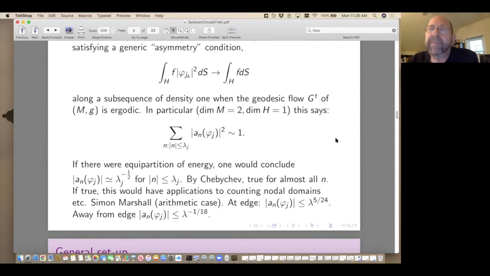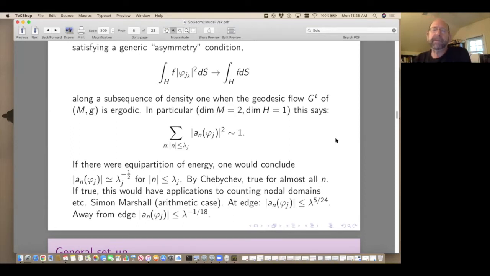And by Chebyshev's inequality, which Jung and I used in a nodal domain problem, that's true for the typical Fourier coefficient, but not necessarily true for them all. And that's kind of a main obstruction in a lot of these papers, that we have no control over every single Fourier coefficient. We only have control over typical Fourier coefficients.